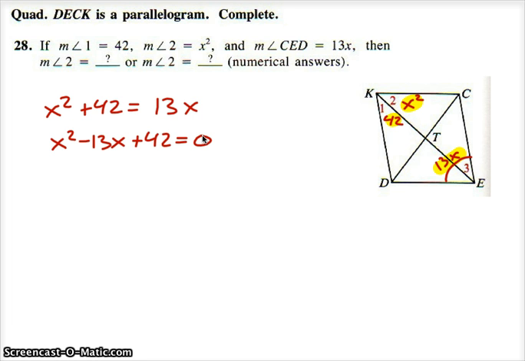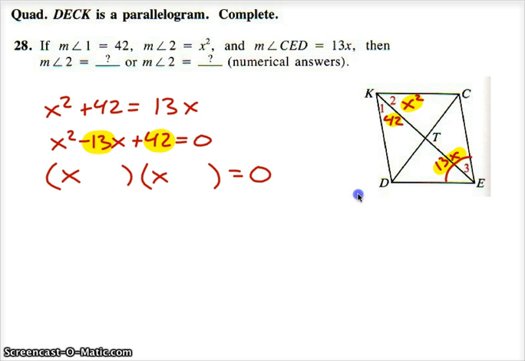All right, now it's time to factor. I checked, there aren't any common factors, so I'm going to try to split it into two parenthesis groups. I know that x squared is x times x, but now how do I do the second part? I need to come up with two numbers that will multiply to 42 but add up to negative 13.